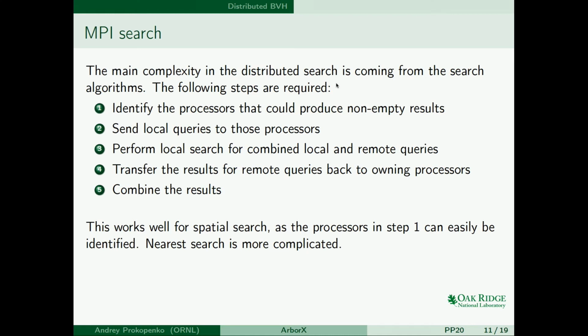Then you send local queries to those processors, perform local searches for the combined queries, and then return the results and merge them together. Generally for spatial search, this is where it ends, because you know exactly which domains your radius will overlap, and so you know exactly the ranks you need to send your queries to.